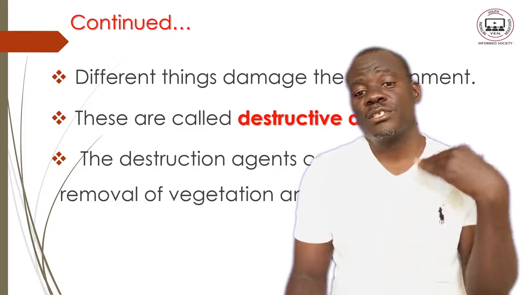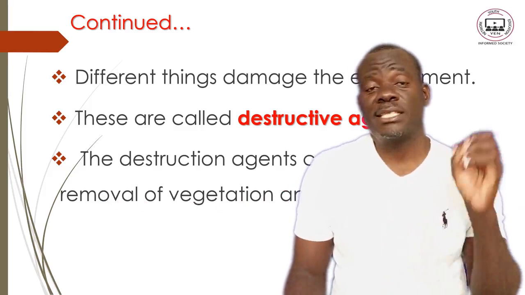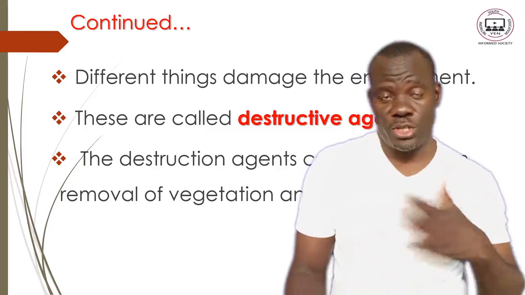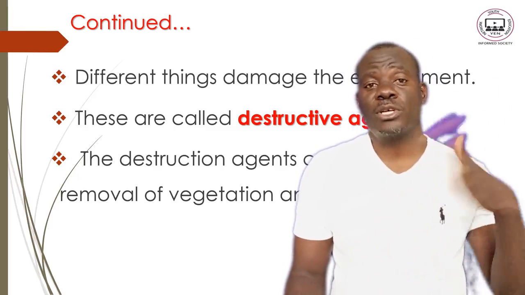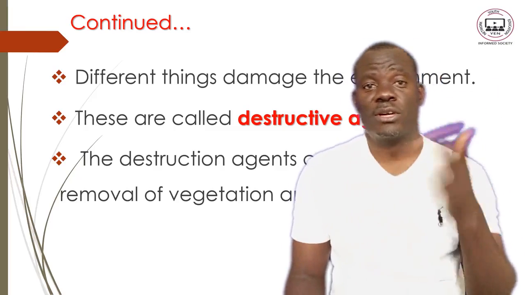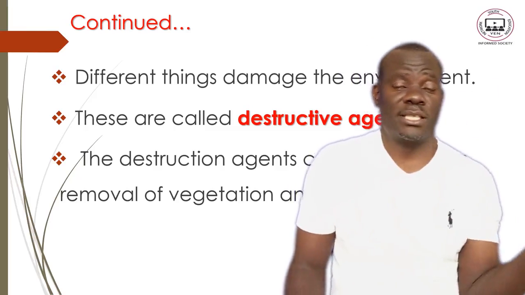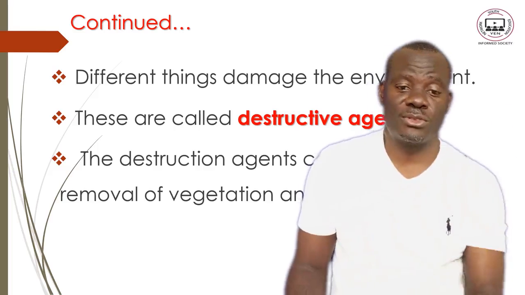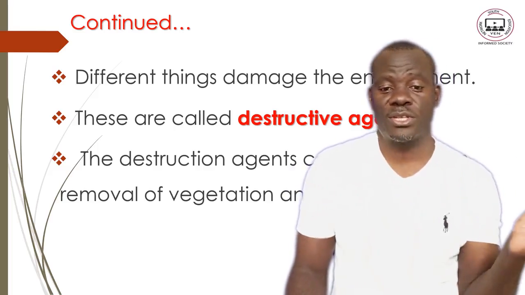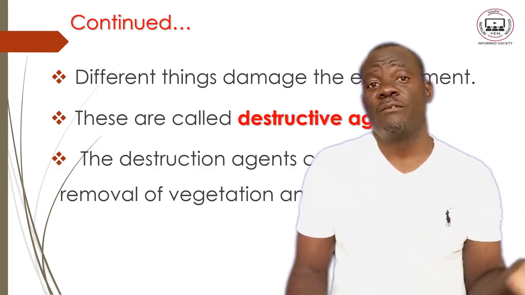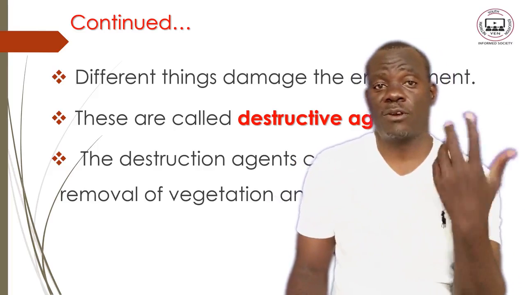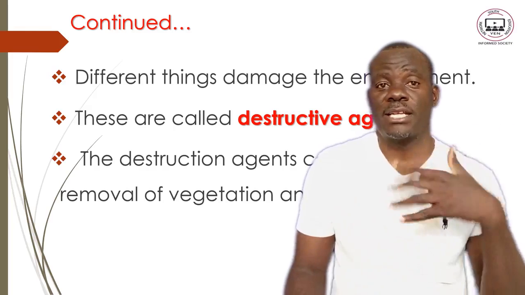Those things can be people that destroy the environment. They cause soil erosion, the washing away of the topsoil, and then you find that it leaves that land bare. Next time when you go farming, the crops are not doing well because of soil erosion. Removal of vegetation: sometimes people cut down trees carelessly, and then they leave that land bare.